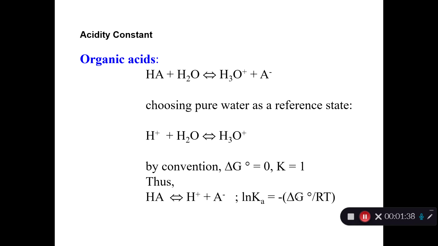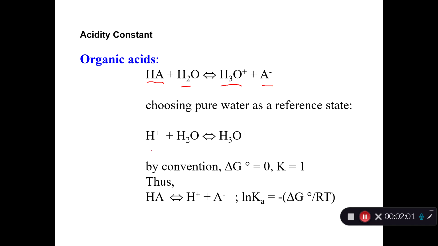So, for organic acids, hopefully, again, some of this is familiar to you. We have our acid, which we'll call A, and it's got a proton stuck to it, which we call H, so that's HA. Add a water molecule. The water molecule can steal away the proton to become hydronium and leave you with A minus, a negatively charged anion.